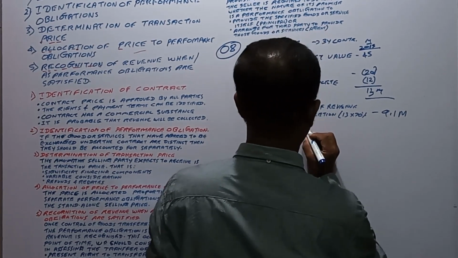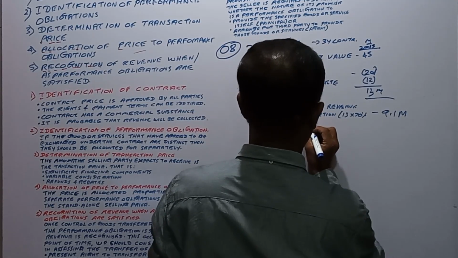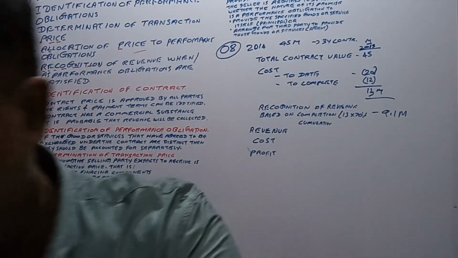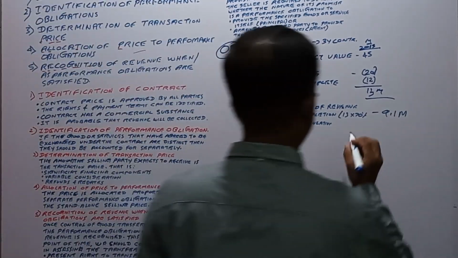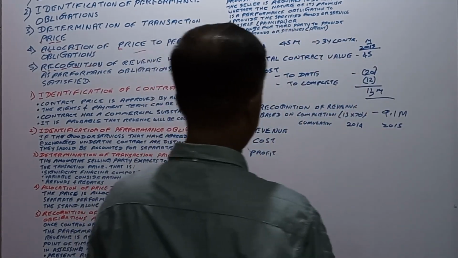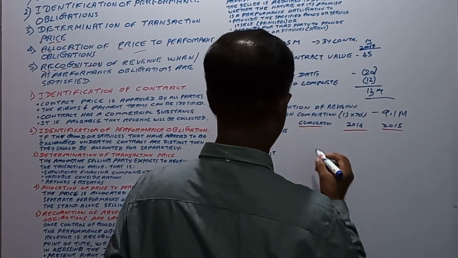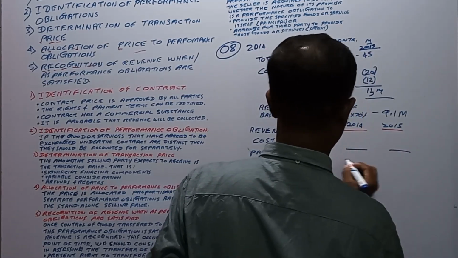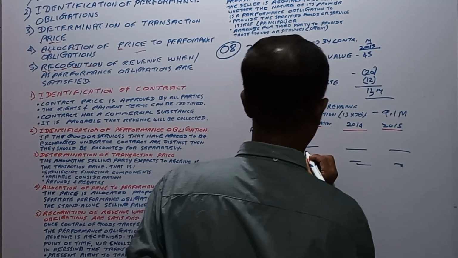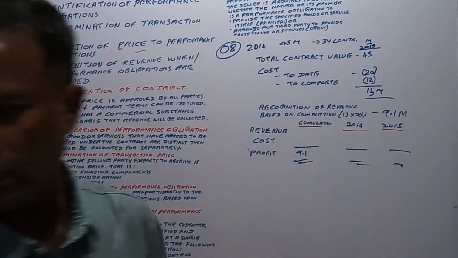2015, sorry, cumulative. Cumulative 2014 and 2015 cumulative, right? 9.1 million, right? For 2014, what is the cost they have given?